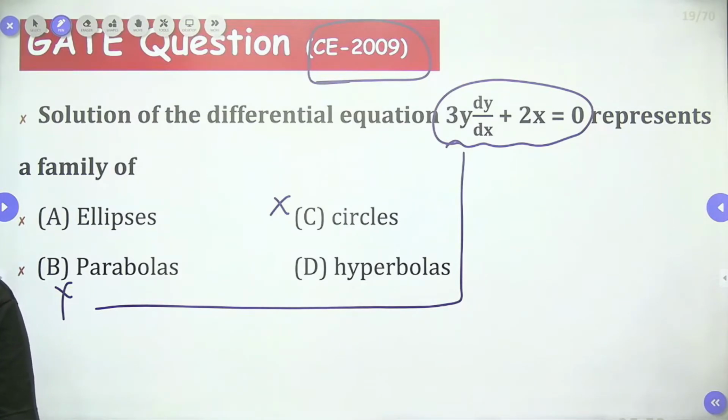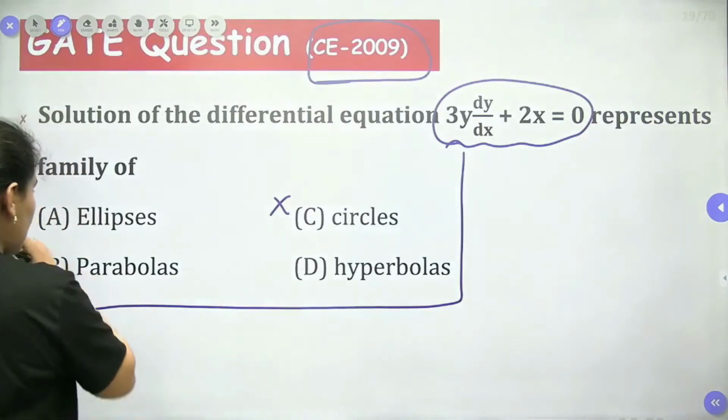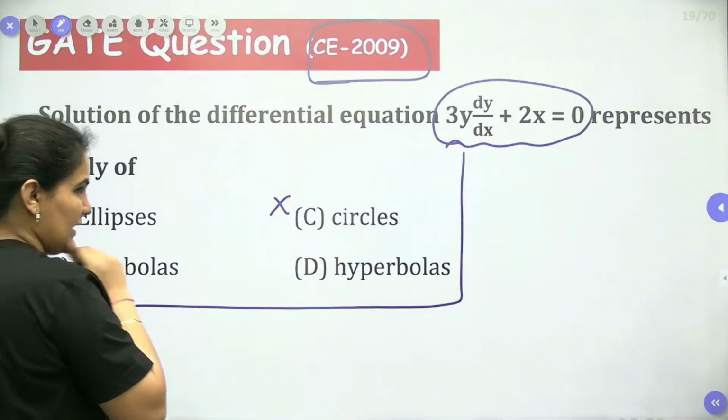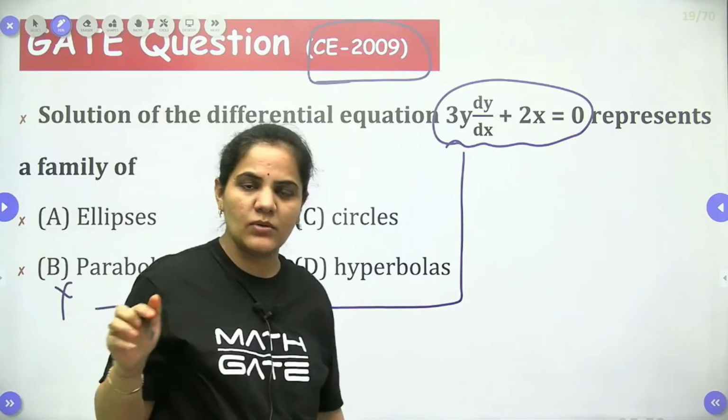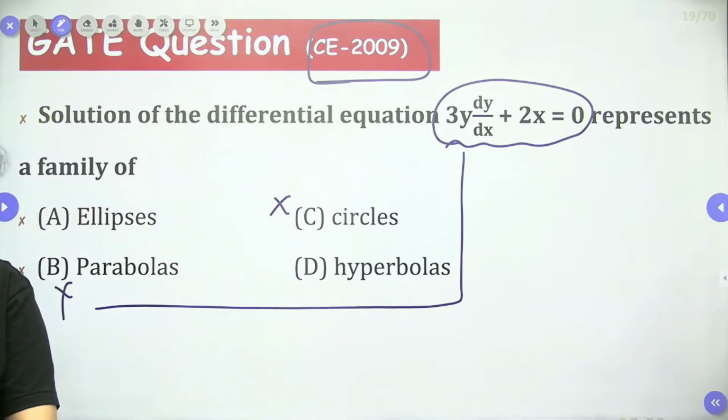Okay, so now let's come to the next question. It will be ellipse only, right? Because in hyperbola x square by a square plus y square by b square is equal to 1, and in ellipse, let me check the options. Guys, according to me it will be, let me check.